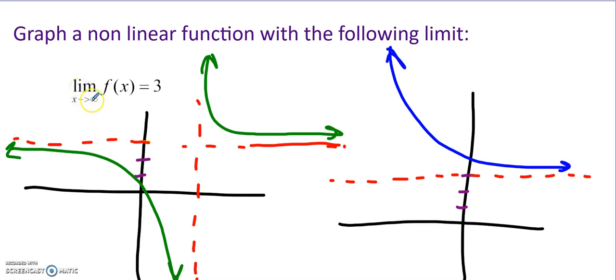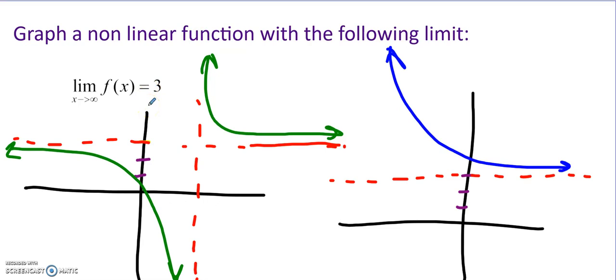Next one, we're doing the limit as x goes to infinity of f of x equals 3. So what needs to happen here is we probably need a horizontal asymptote at y equals 3, because remember, as x goes to infinity, that's talking about end behavior. That's also why we're bringing limits back right now. But if the limit is a constant, then I need a horizontal asymptote at y equals 3, because I'm doing only nonlinear functions.